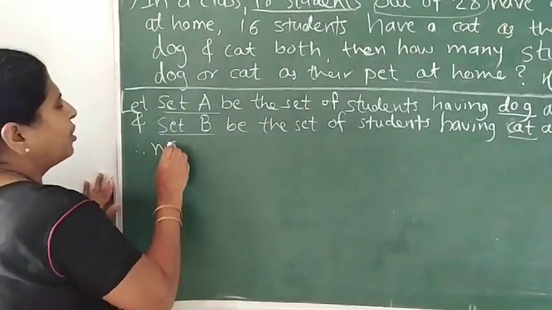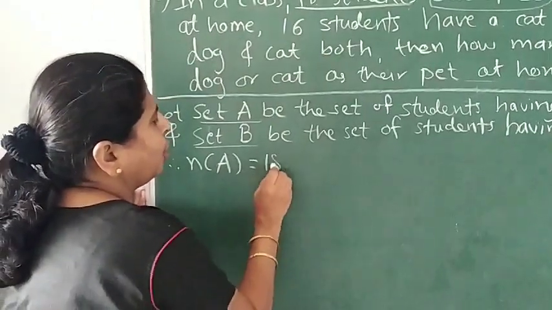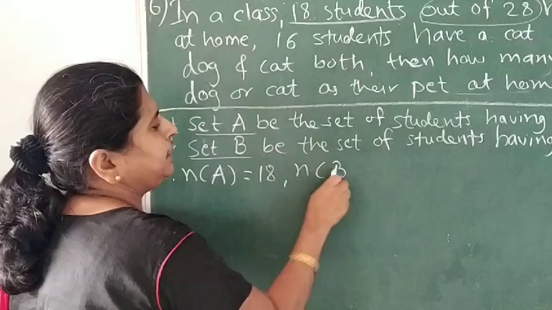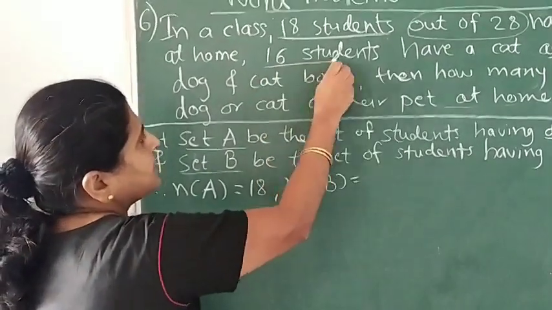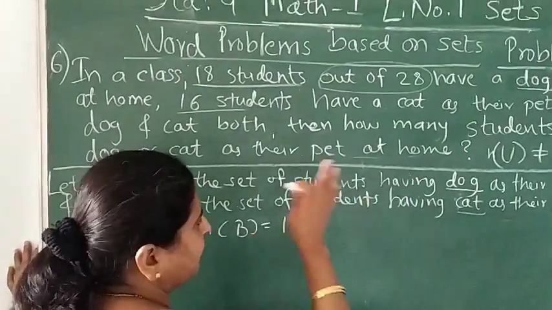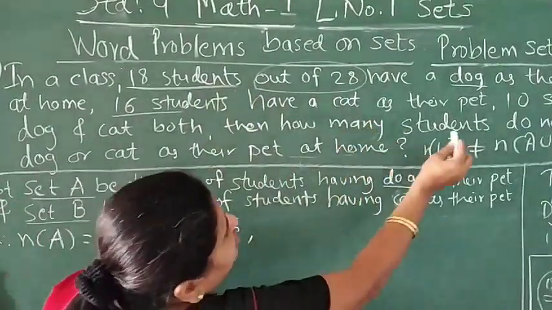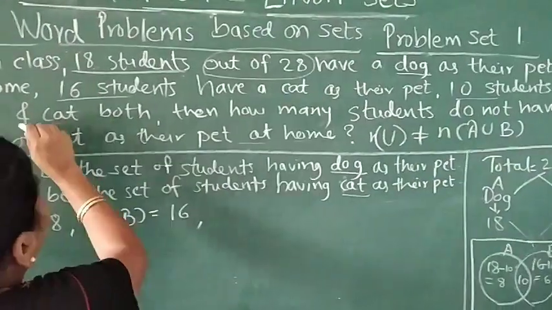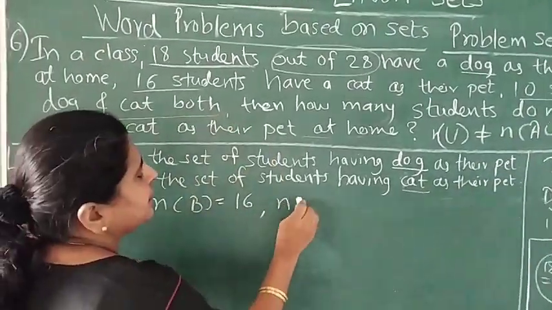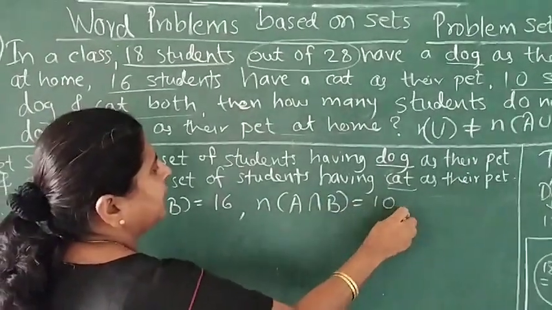Therefore, the number of elements in set A, there are 18 students having a dog. The number of elements in set B having a cat as their pet is 16. Now here we have seen that some students are neither from A nor B. And let's first write these 10 students. 10 students are having a dog and cat both. It means the number of elements in set A intersection B, the common ones, is 10.